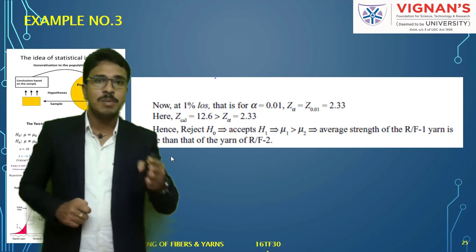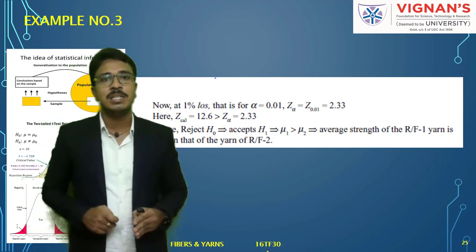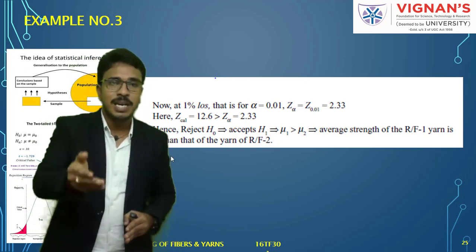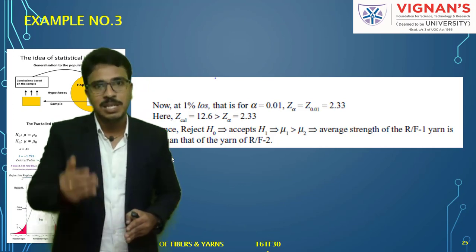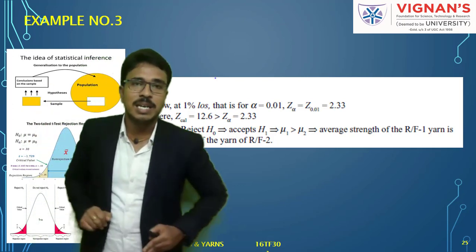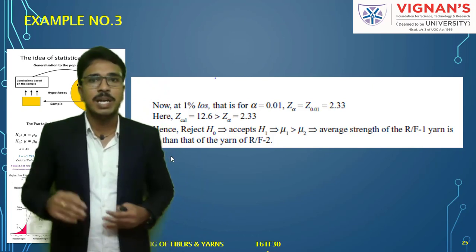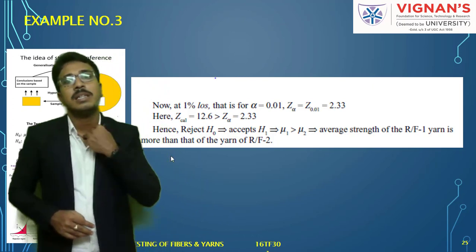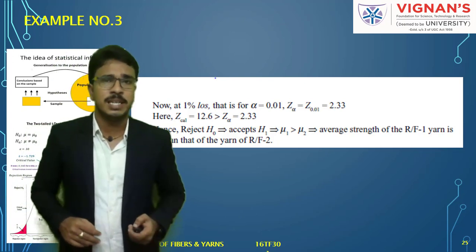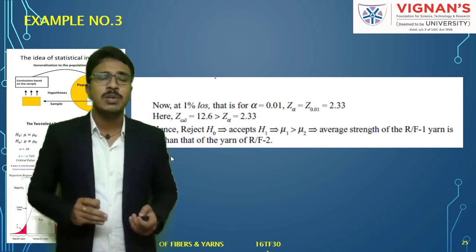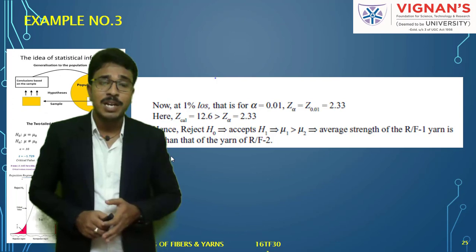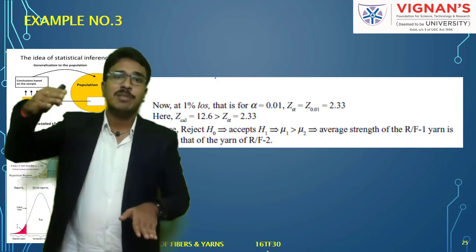Understand? So from this level of significance, we get the alpha value, and with this alpha we go to the Z table, and we find this Z table value, that is 2.33. Now the table value is less, the calculated value is more.